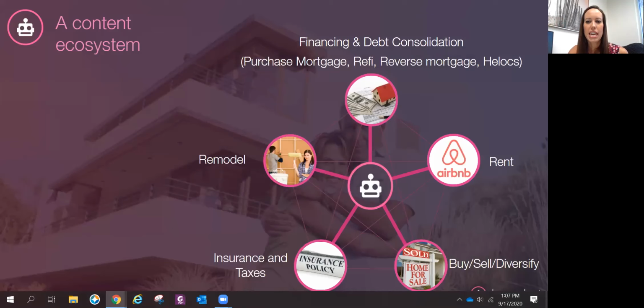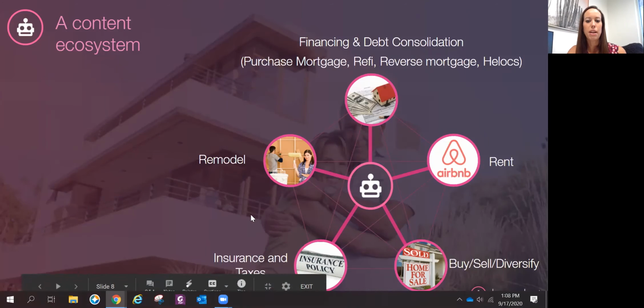Another really cool thing is that there are some systems that tell a consumer what their home's worth, right? But I'm not familiar with or aware of any other systems that show them all the other options. So in addition to the financing side, if they could refi or take money out of their house, it also gives them options about taking money out of their house for a remodel, or if they were to rent their house part or all of the month on VRBO or Airbnb, what would that look like for them?